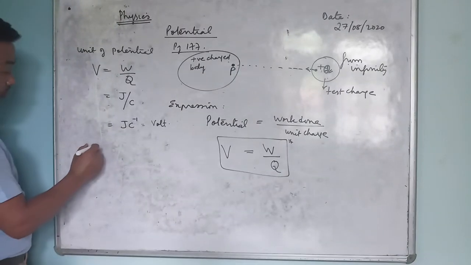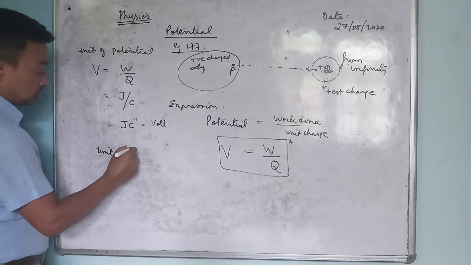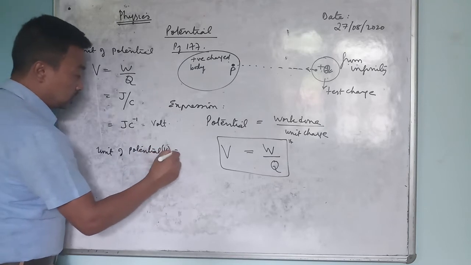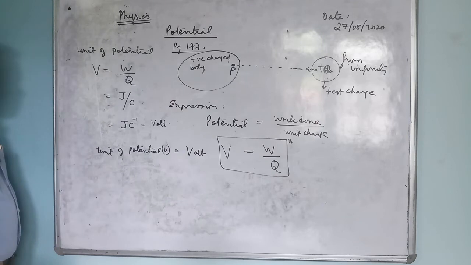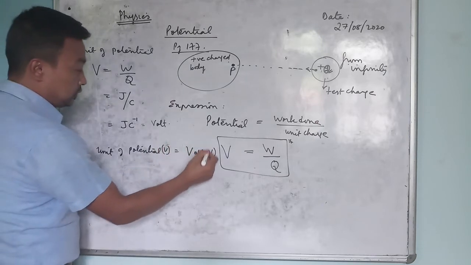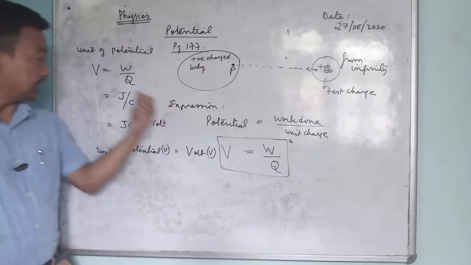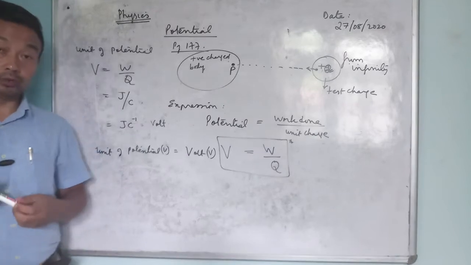So therefore the unit of potential V is volt. Sometimes volt can also be written as V. So here the symbol for the potential and its unit are the same, both are capital V. So you should not be confused.